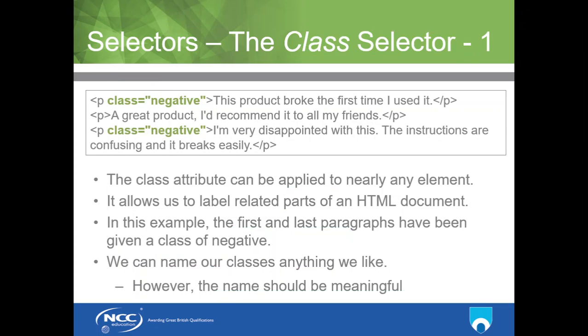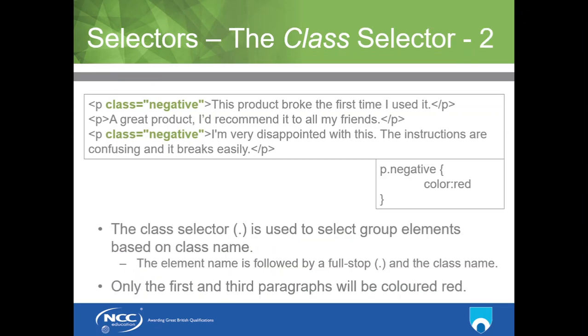Okay, so how do we create class negative in our CSS? Normally we use the class selector, which is a full stop. You write the element name, then the full stop, then the class name. For example, P, then the full stop, then the class name negative.